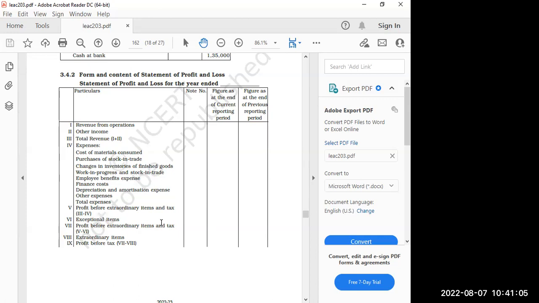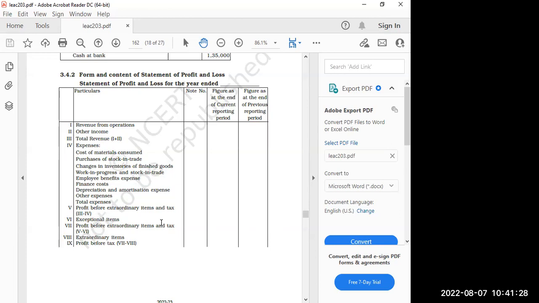We have expenditure columns A, B, C, D, E, F, G. First expenditure is cost of materials consumed. It will come only for those companies which are manufacturing something. How do you find out the cost of materials consumed?